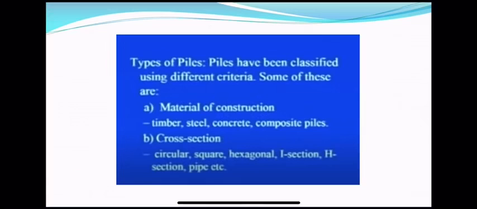Based upon the shape, it can be cylindrical, tapered or under-reamed. That is, under-reamed pile foundations may also exist. We will be discussing this in a little more detail in subsequent slides.